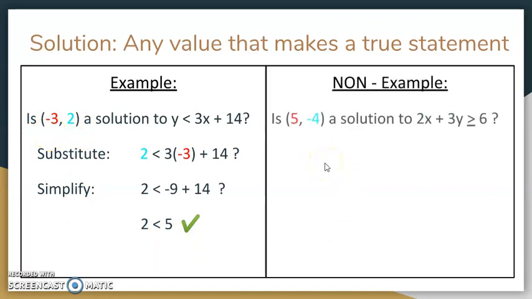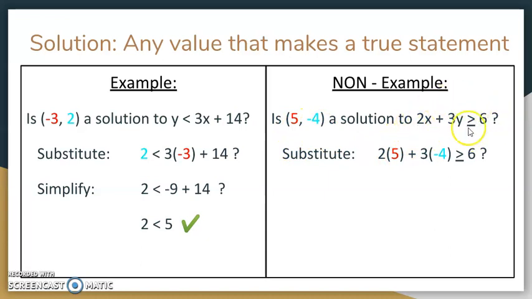Let's try another. What about is 5, negative 4 a solution to 2x plus 3y is greater than or equal to 6? Try this on your own. Okay, just like before, we are going to substitute our values in. This time x equals 5, y is negative 4.